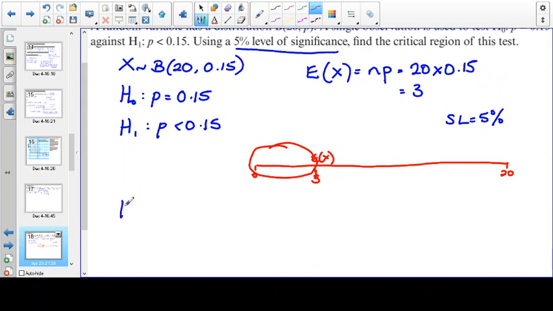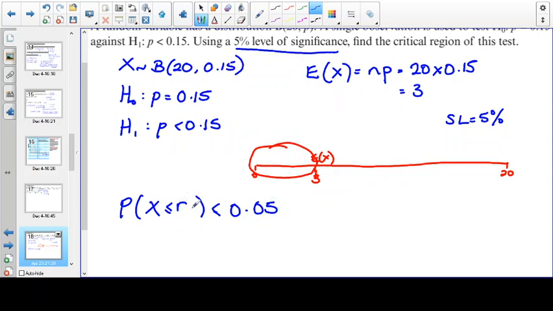Ultimately what we need to work out is some value down here where the probability is less than 0.05. Remember, this is the significance level, so this is 5%.